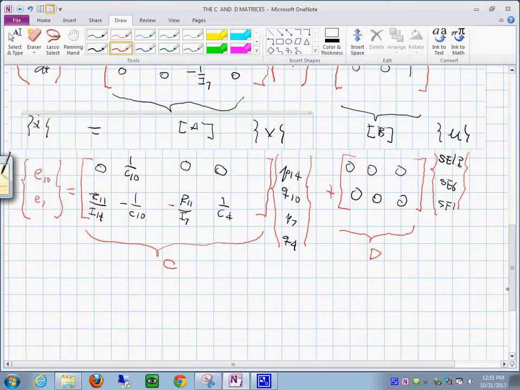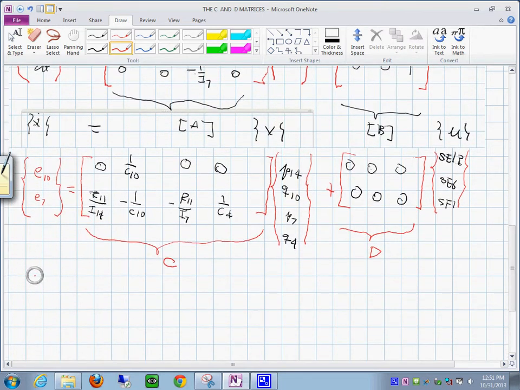But this one here we can also write in the same way. It has this form: y is equal to the matrix C times the vector x of the state variables plus the matrix D times the vector of inputs U.